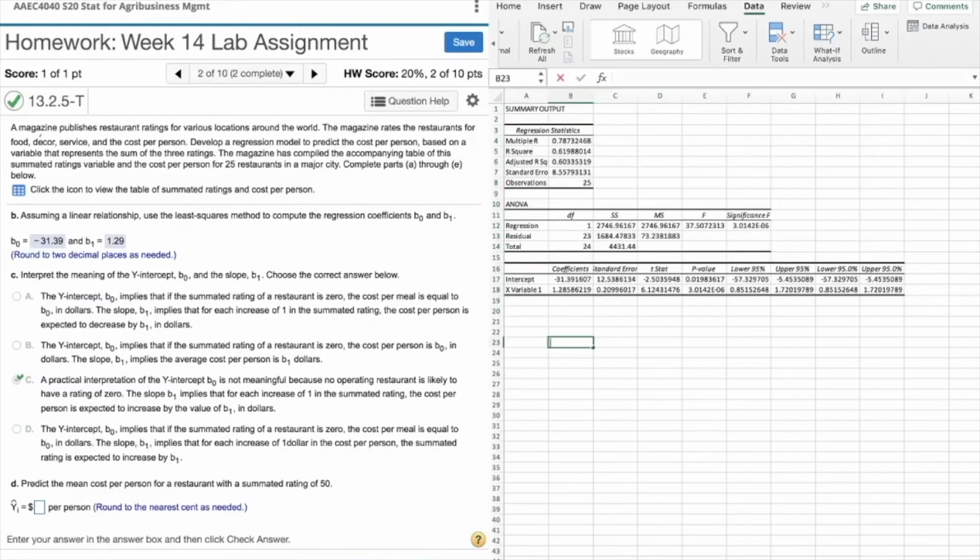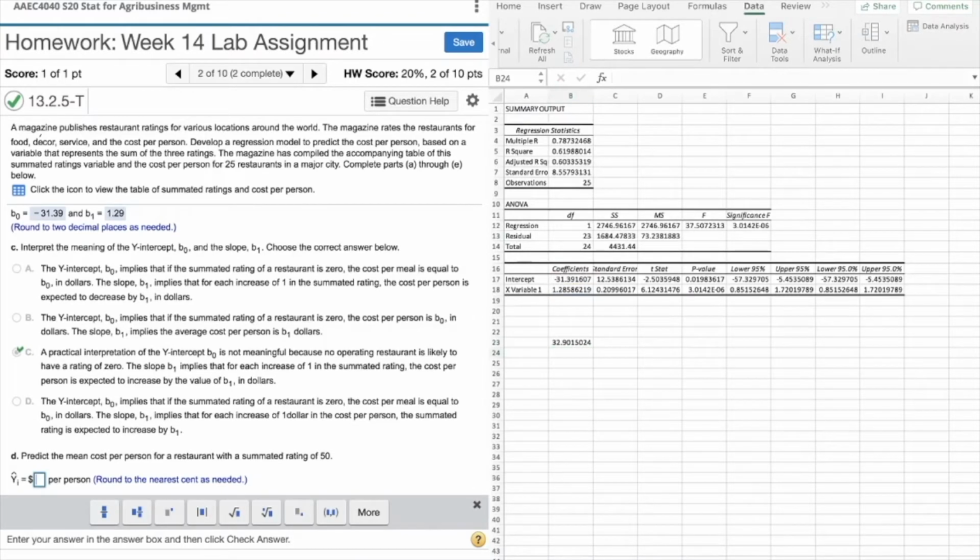And Y is equal to 50 times B1 plus B0. We get the answer 32.9.